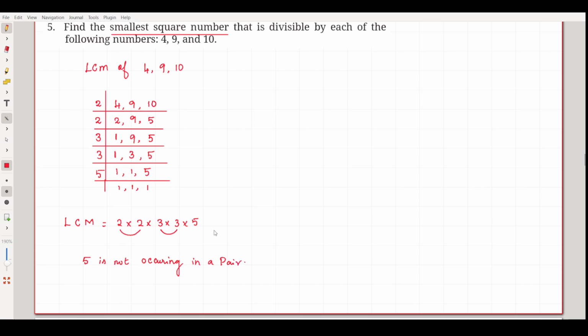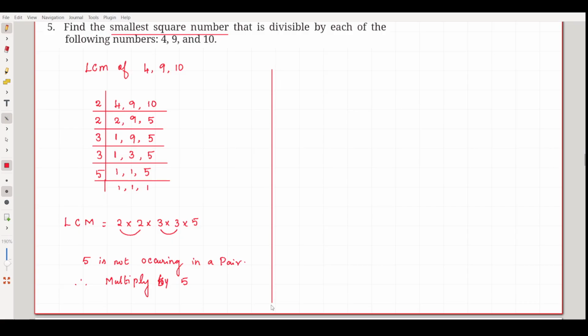Therefore I have to multiply by 5 to make it a perfect square number.